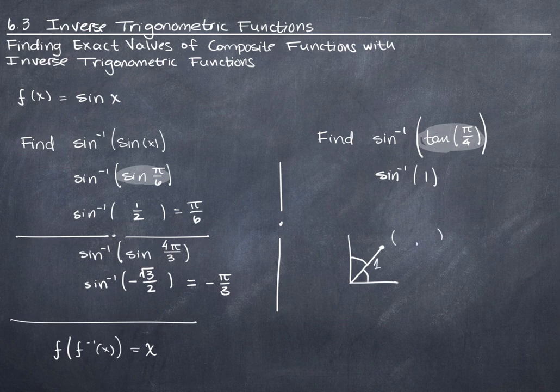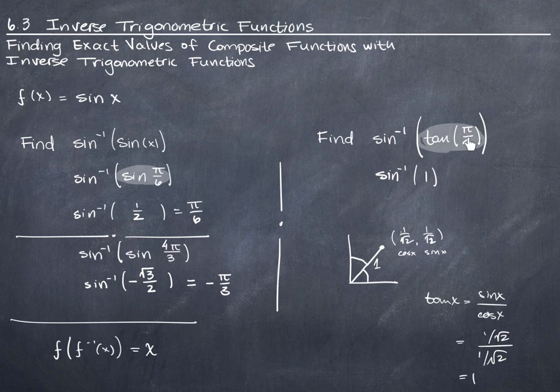And the coordinates of that point are 1 over the square root of 2 and 1 over the square root of 2. X and Y are the same. That's cosine, and that's sine. And tangent is sine over cosine. And anytime you take a number and divide it by itself, you're going to get 1.